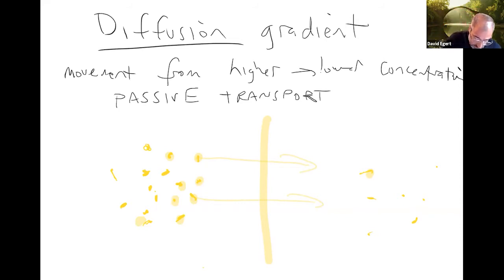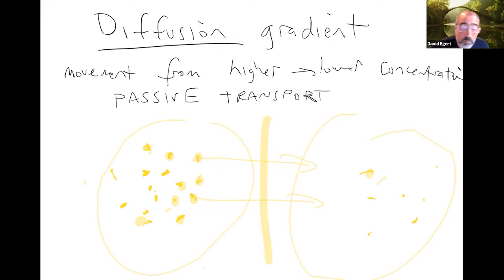A gradient meaning there's a change from one side to another. So if there's a separation, this is not of charge now, this is just a diffusion gradient. There's more of a particular molecule here versus on this side. That's another form of potential energy. In fact, this is going to be a very common way for us to store potential energy in the systems we're going to look at.